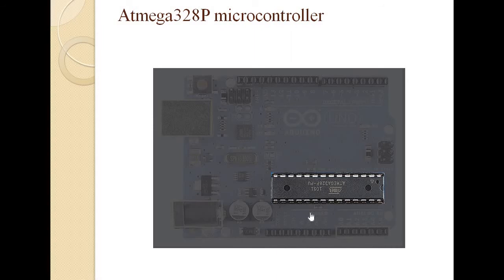And one more component is there, electrically erasable programmable read-only memory, that is called EEPROM, of 1 KB. This is a type of non-volatile memory and it keeps the data even after device restart or reset.